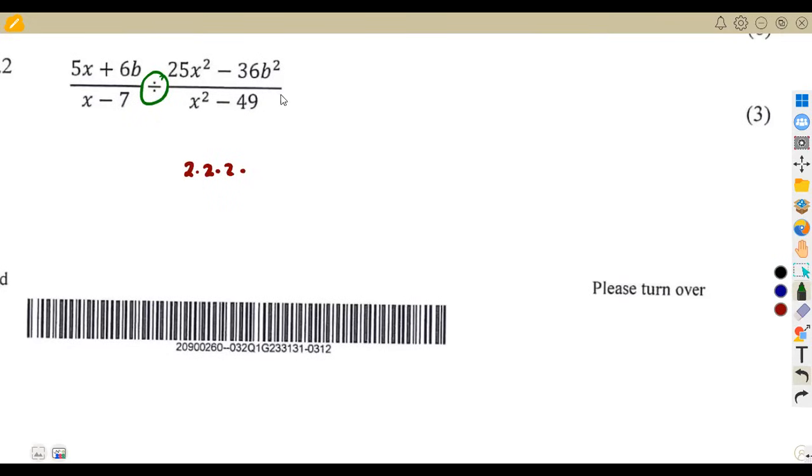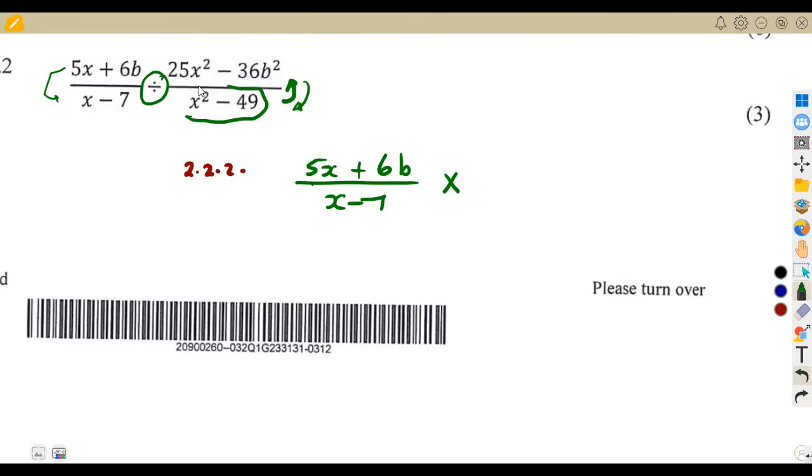The moment you introduce multiplication, inverting the second fraction, the first fraction is going to remain as it is. That's 5x plus 6b, everything over x minus 7, multiplied to, and the moment we multiply, we invert.